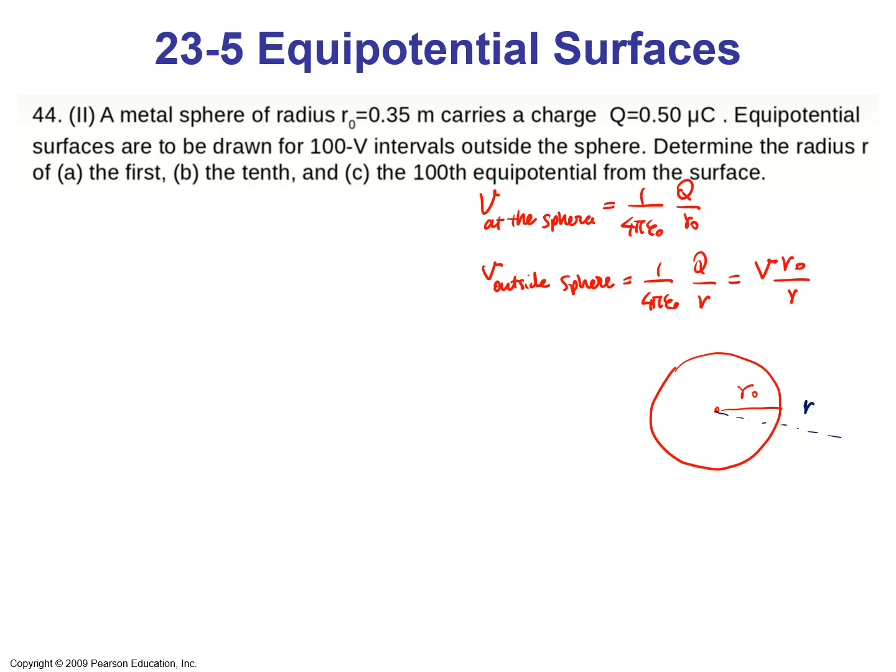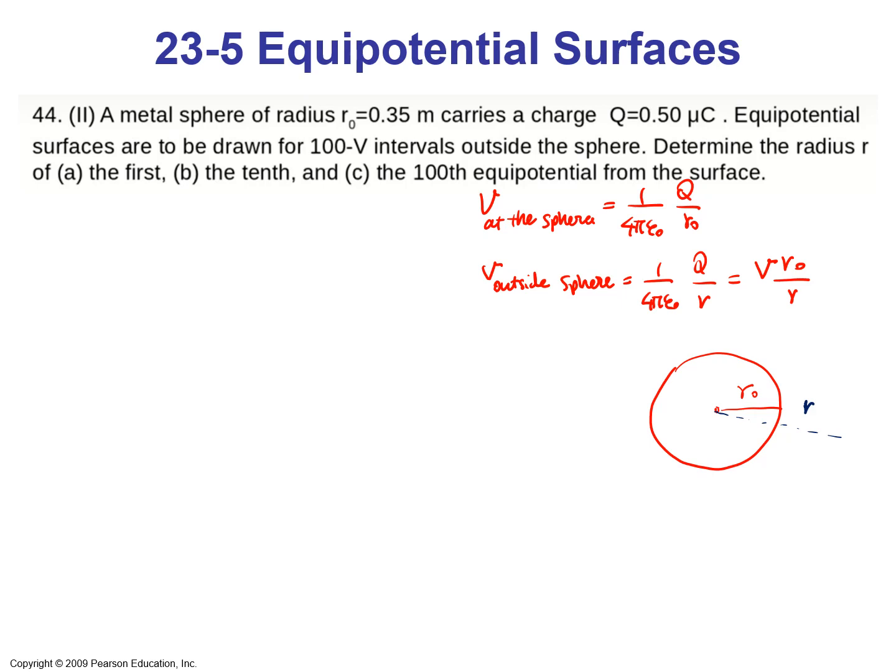The potential outside the sphere decreases as we move away from the sphere. The difference in potential between a given location and the surface of the sphere is to be a multiple of 100 volts.